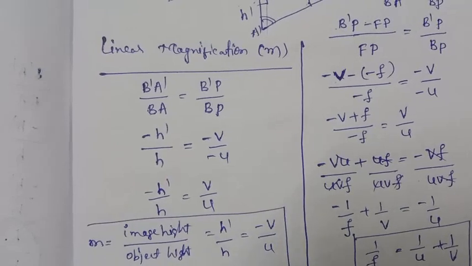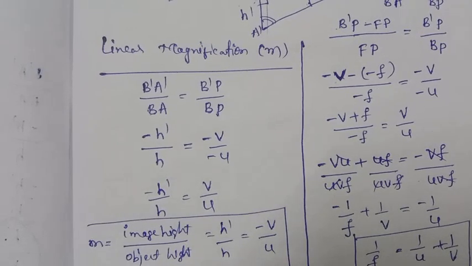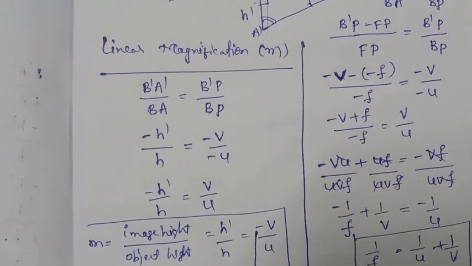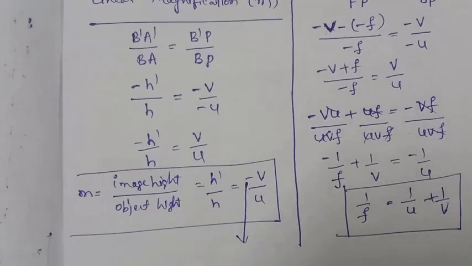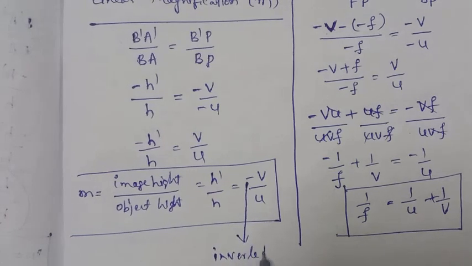It is the linear magnification. Here this negative sign indicates the image is inverted. So this is about the mirror equation.